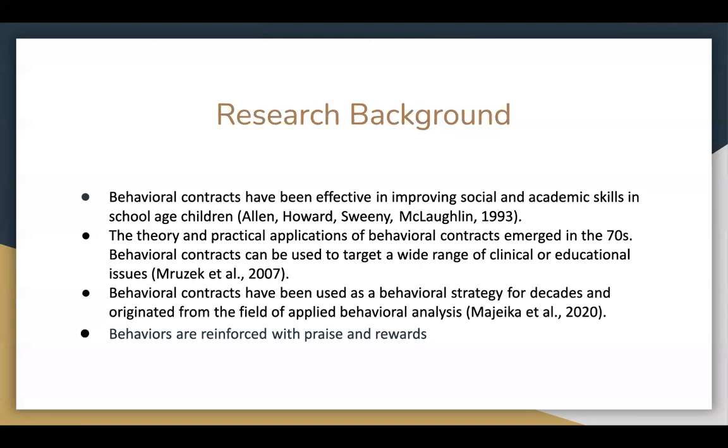Behavioral contracts can be used to target a wide range of clinical and also educational issues. And from Majika et al., behavioral contracts have been used as a behavioral strategy for decades and originated from the field of ABA, and behaviors are reinforced with praise and rewards.